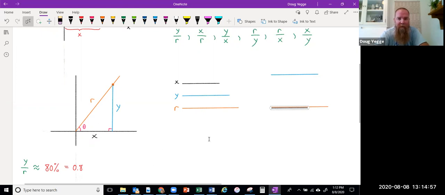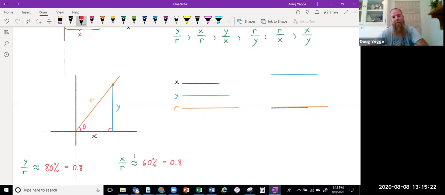So x over r is approximately 60% or so. But we typically don't write them in terms of percentages, we write them as decimals. So I would write this as maybe 0.6.